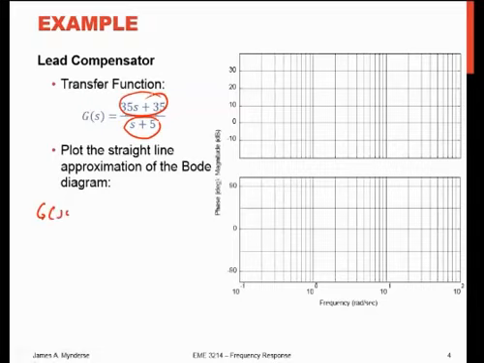G of j omega equals, and I'm going to write this as 35 times s plus 1 over s plus 5, except I wanted to do those as j omegas.